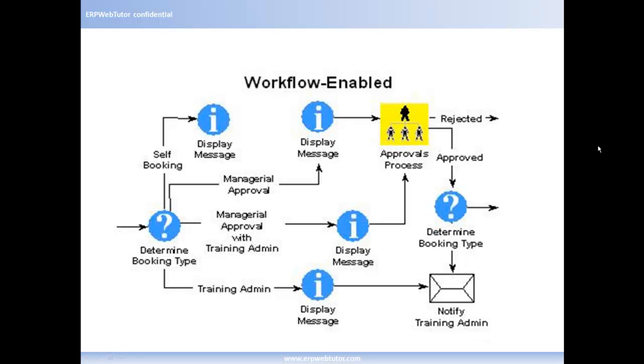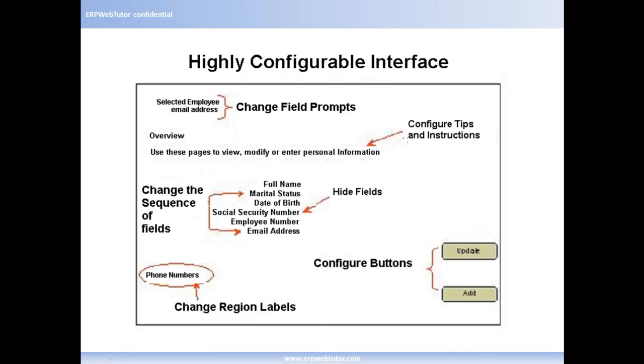Now, of course, this is workflow enabled, so you can do your stuff and it'll be notified. So this is the screen where you can actually see what kind of flow happens when a self-service process gets initiated and approved and then finally saved. So this is the workflow that is driving this whole self-service process.